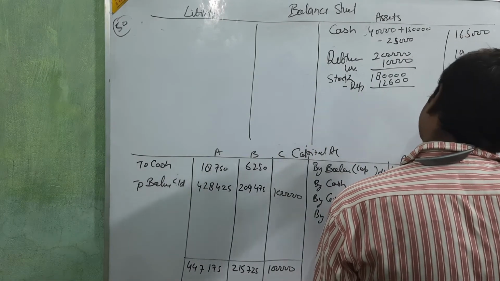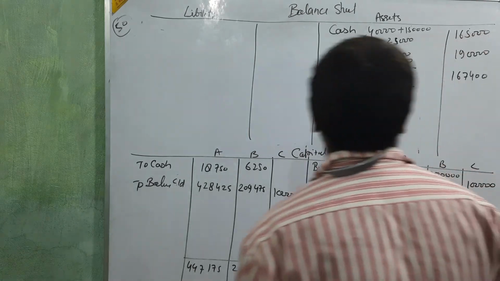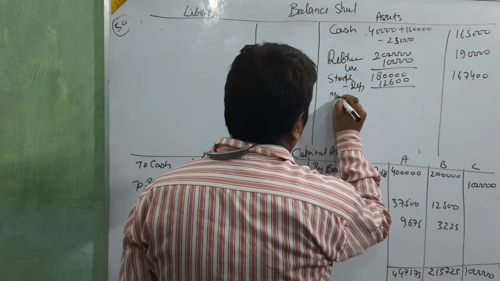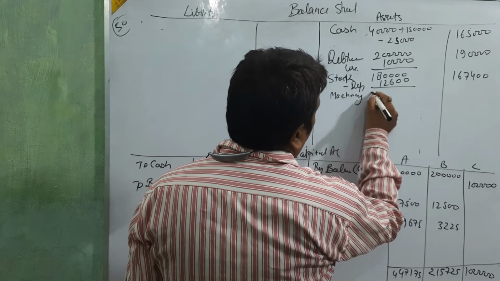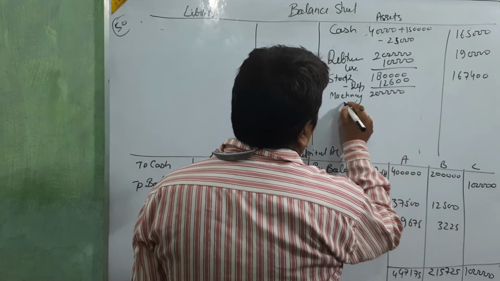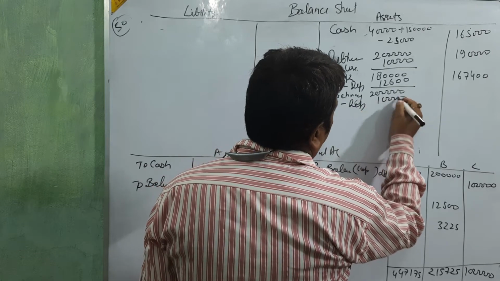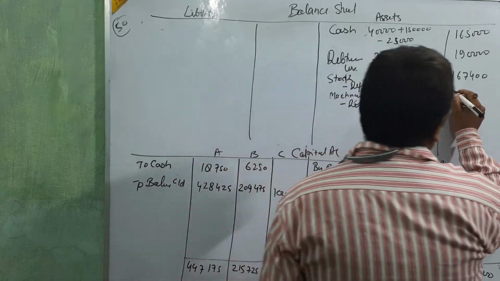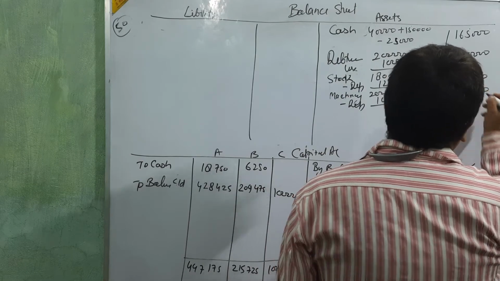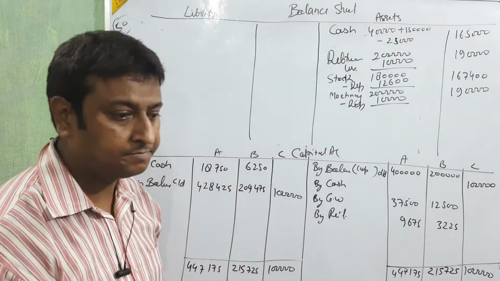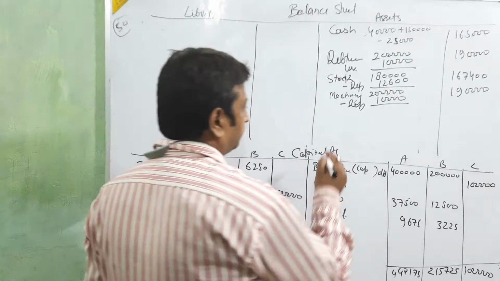Then next, machinery is 2 lakh and less depreciation again 10,000, 5%. Then the amount coming is 1,90,000.